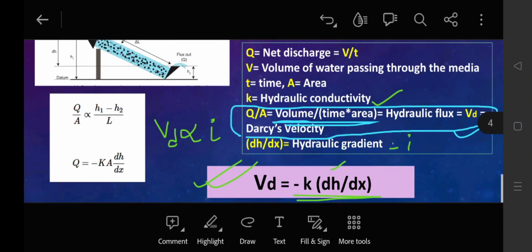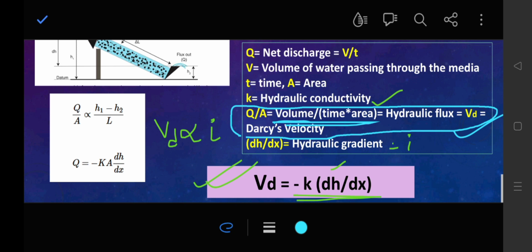Darcy's formula can also be represented with respect to the net discharge, because the Darcy's velocity Vd is nothing but the discharge per unit area. So if we replace the Vd term with the discharge per unit area, we can express Darcy's law with respect to discharge. This was all about Darcy's law.